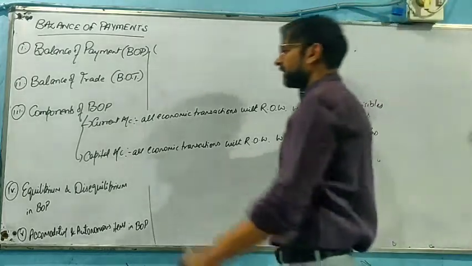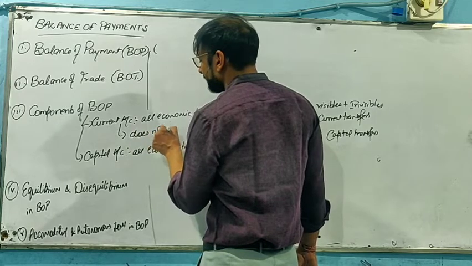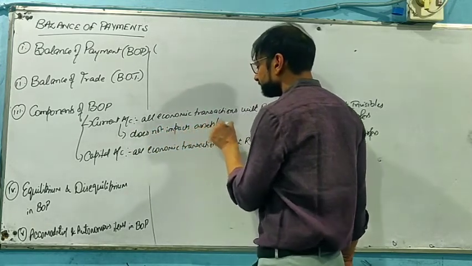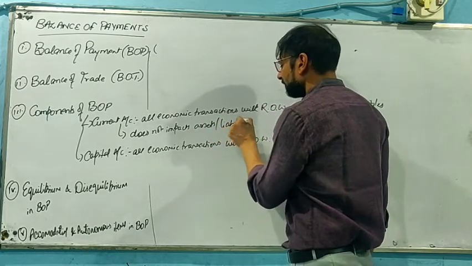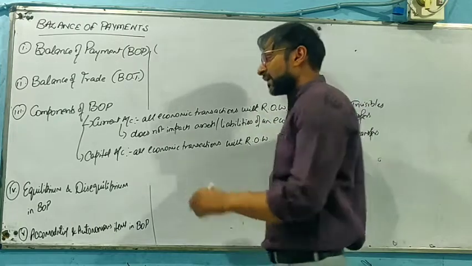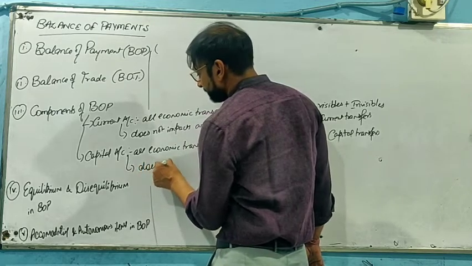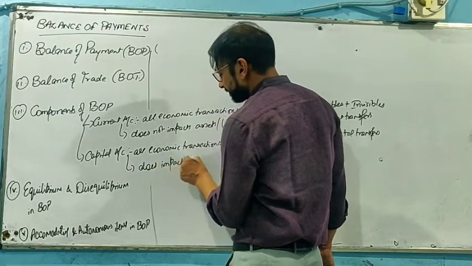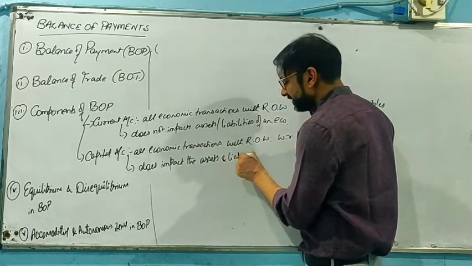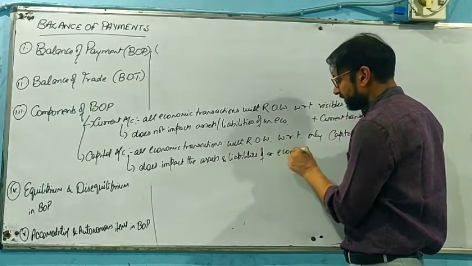It means current account transactions do not impact the assets and liabilities of an economy, whereas in capital account the transactions do impact the assets and liabilities of an economy.